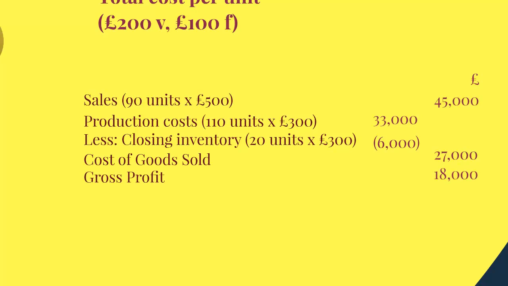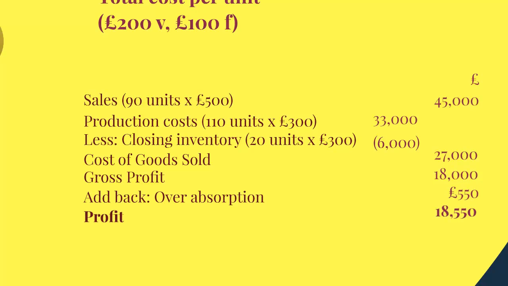Next, what we need to do is add that overabsorption, because we absorbed at a rate that was higher than what in reality actually occurred, and therefore we have applied too much cost to the cost of production. So we add that £550 back in, giving us a total profit of £18,550.